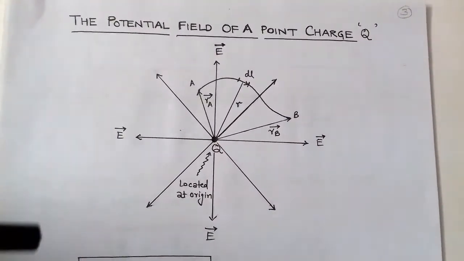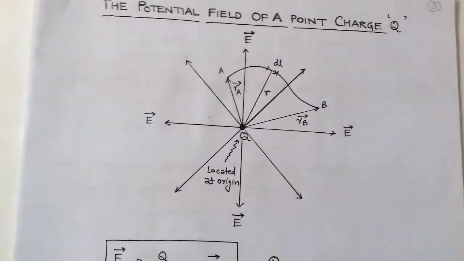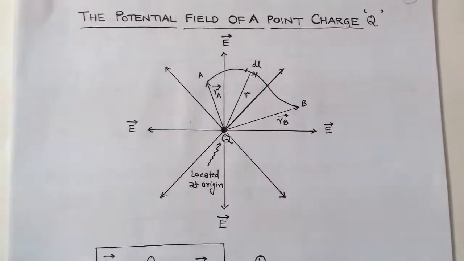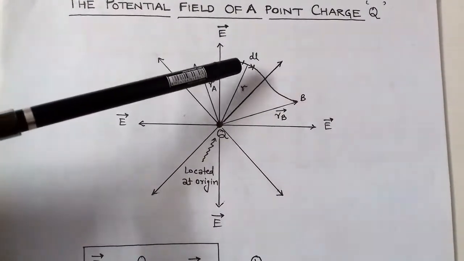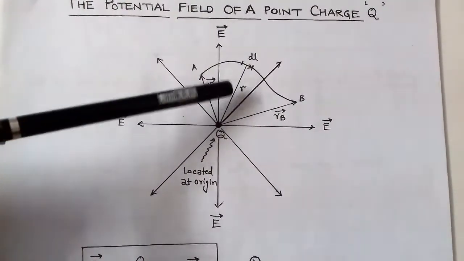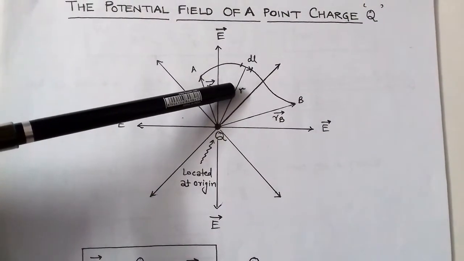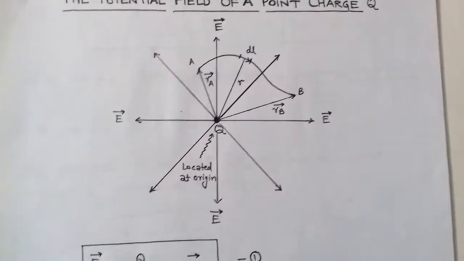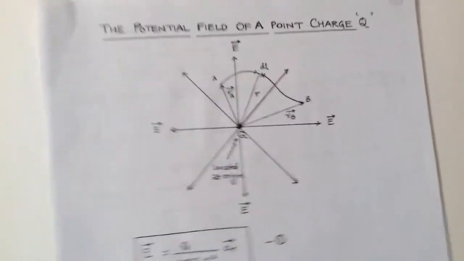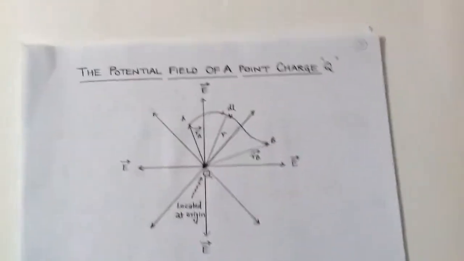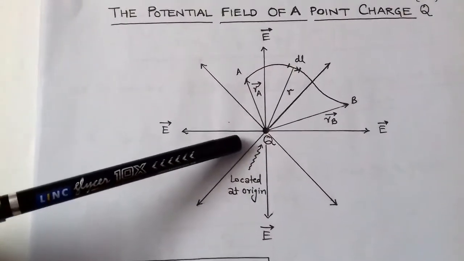So we consider a path from point A to point B, and on this path we assume a differential length dl, and this dl has a position vector r, or a distance small r. It means the differential length dl is at a distance r with respect to the origin, because charge Q is located at the origin.